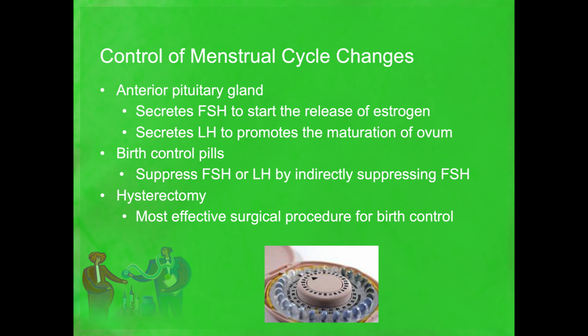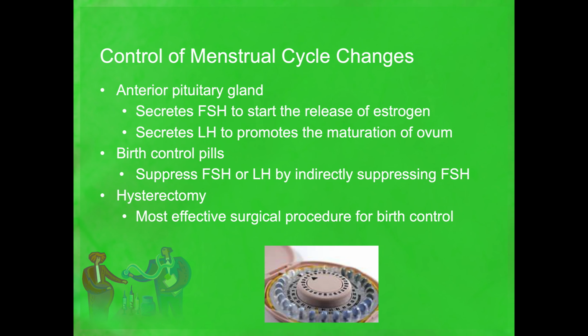We'll talk briefly about the different hormones. I'm not going to cover too much because we cover that more in med-surg, but we'll talk a little bit about them here. The anterior pituitary gland, which is in the brain itself, has an anterior side and a posterior side. The anterior side is responsible for the secretion of certain hormones.